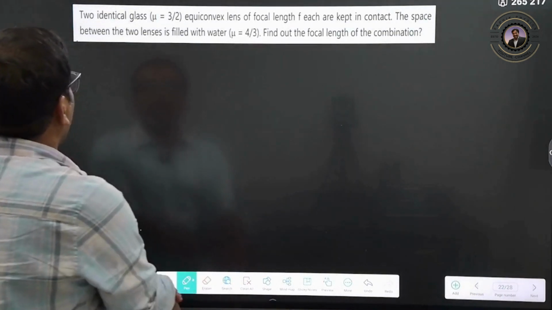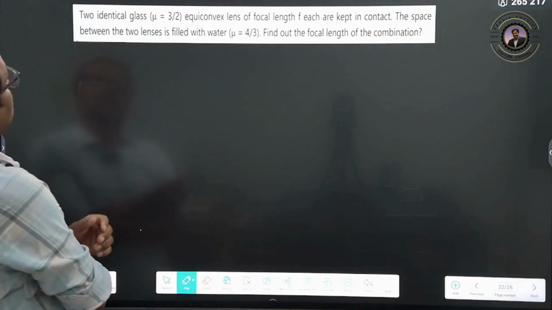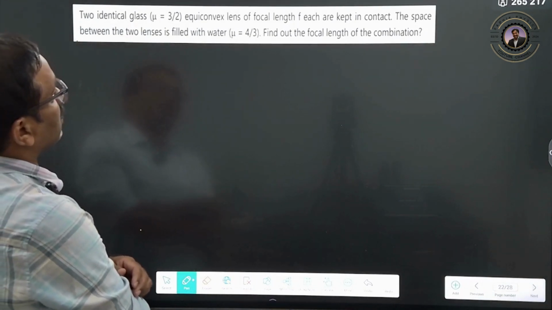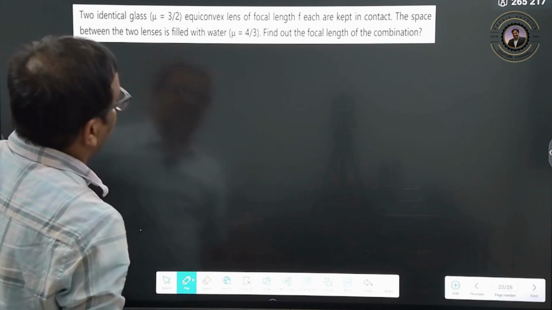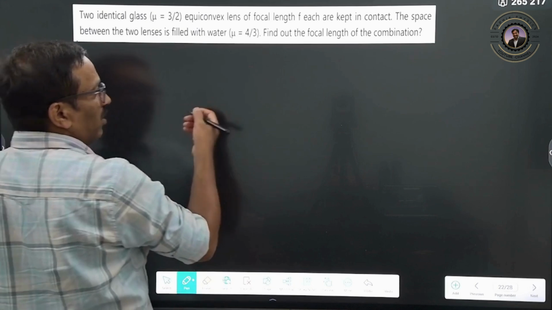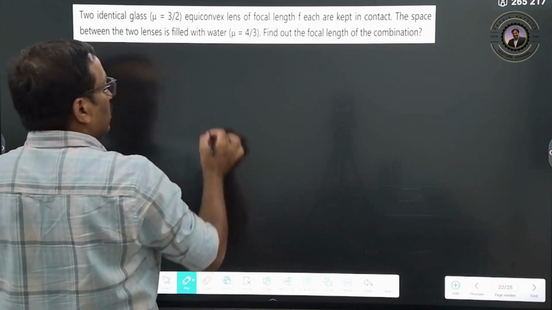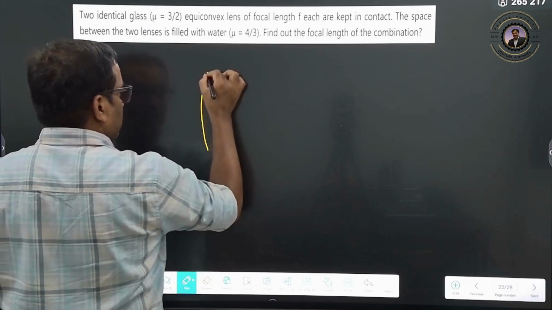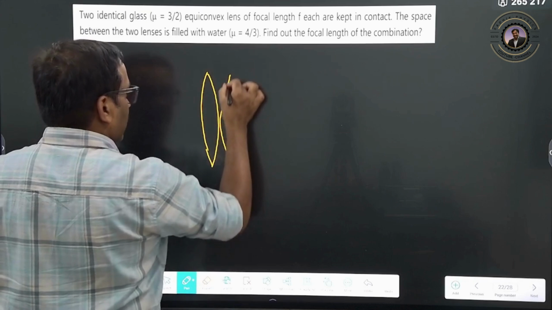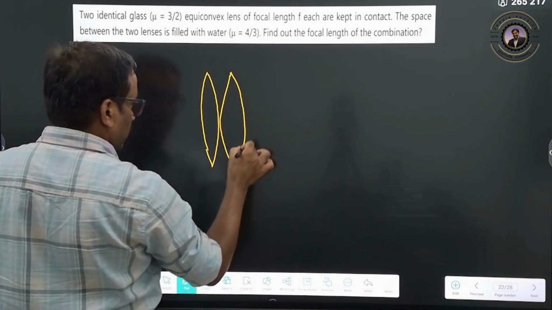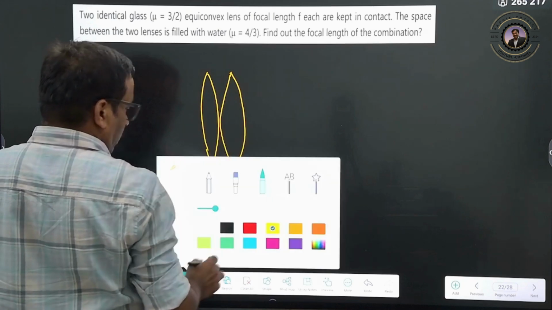Two identical equiconvex glass lenses of refractive index 3 by 2 and focal length f are kept in contact, and the space between them is now filled with a liquid. Okay, so this is one of your competitive examination questions. This is one lens and another lens is there, so identical lenses.